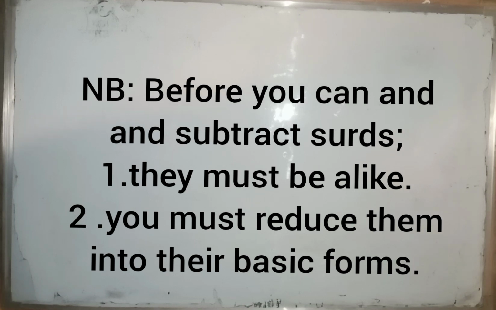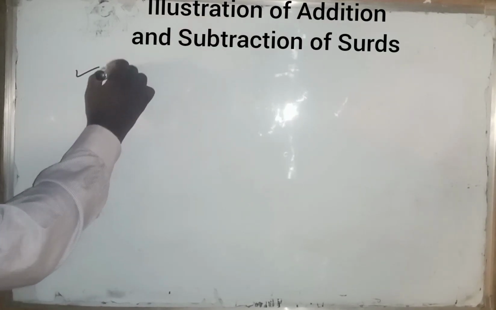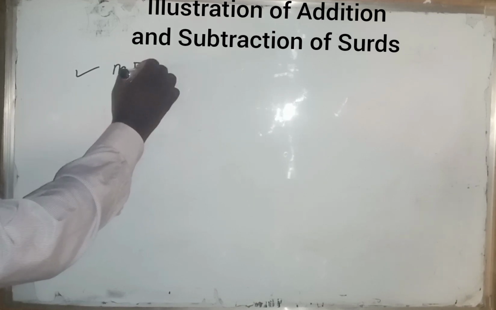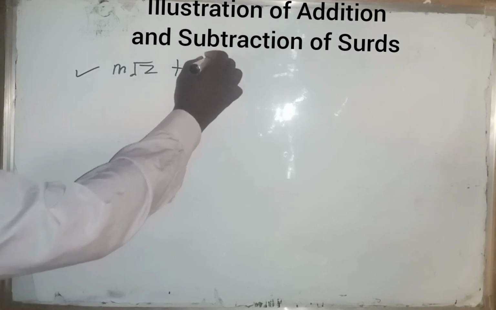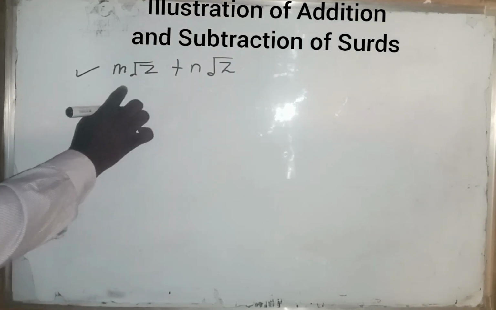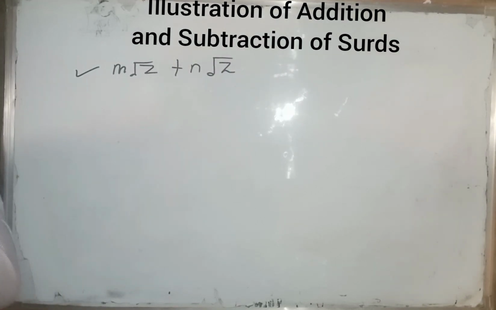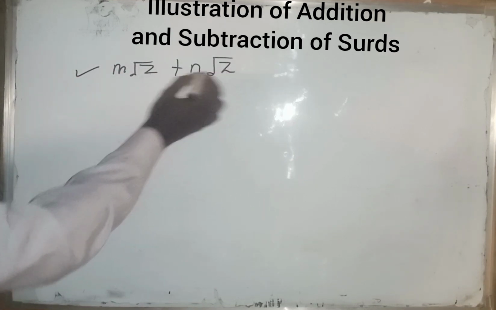Now, let us make some illustrations on the addition and the subtraction of surds. If you have m root z plus n root z, we can add these two surds because they are in the same form, or they are alike, because the numbers inside the roots are all z.